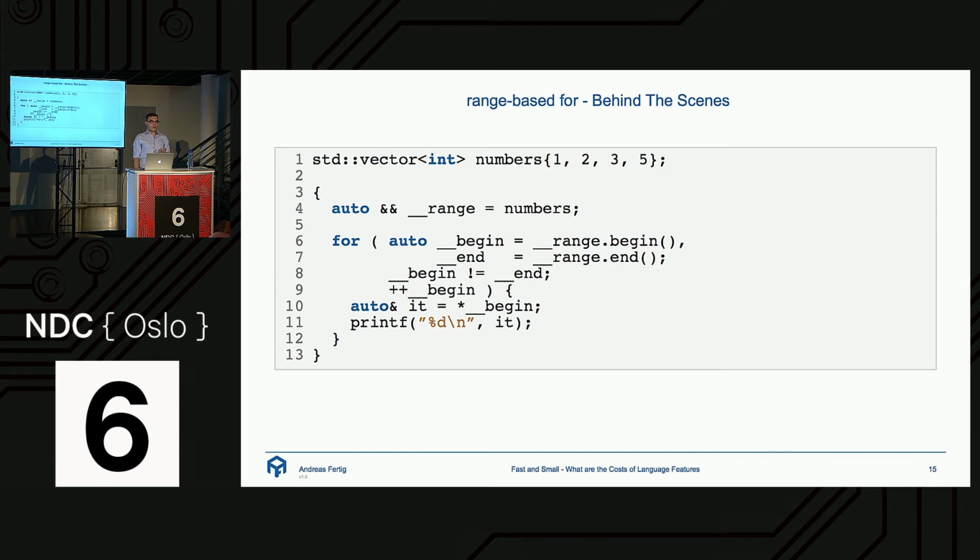The auto-ref iterator becomes the for range declaration, and we are basically done. By the way, this version emits the same code as the one the compiler generates. So I'm pretty sure it's the same.